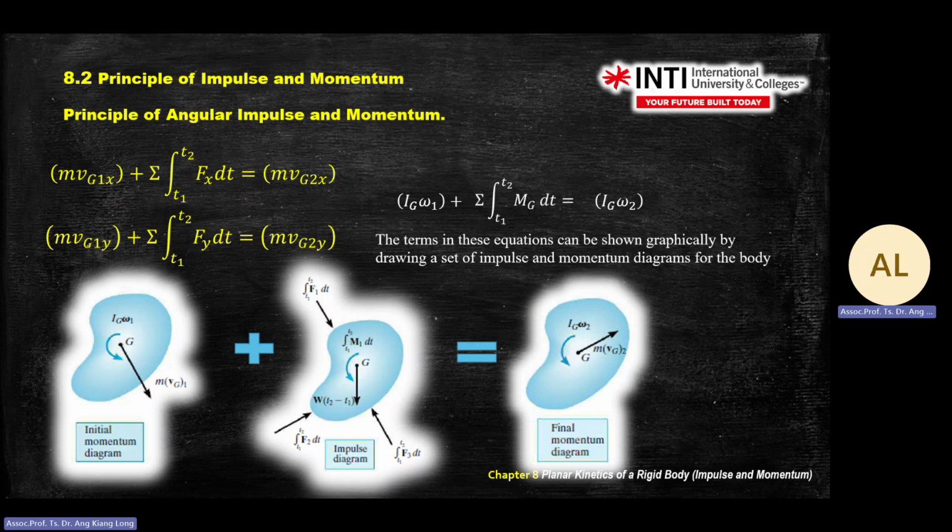Same with the middle one, the impulse diagram: all the forces are linear, W also linear, but the moment multiplied by t is the angular component. Same with the final momentum: the black arrow mv is linear, and the omega 2 is the angular motion.